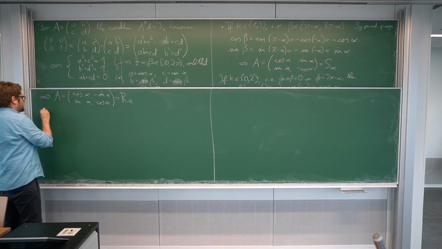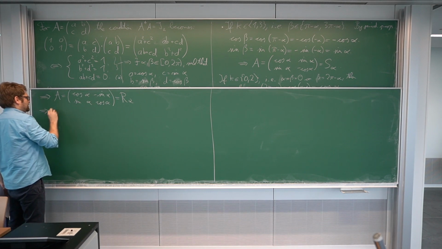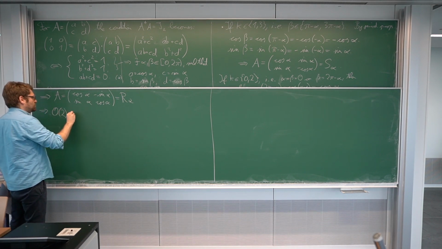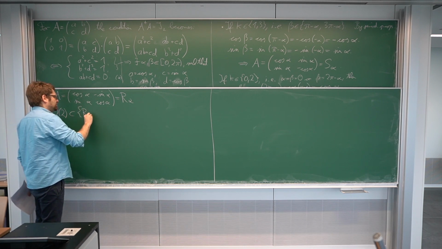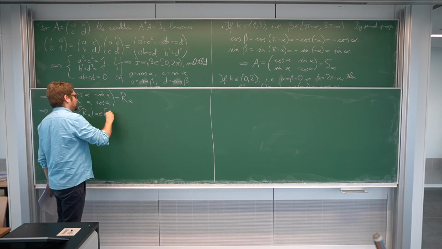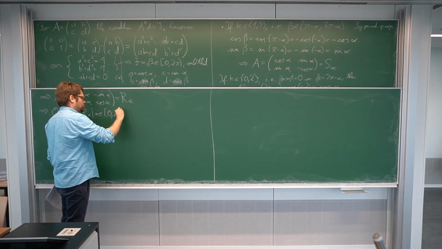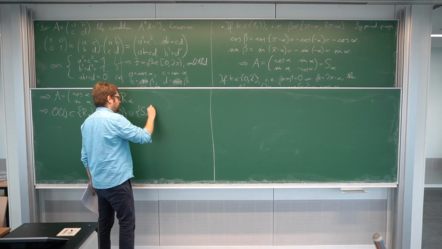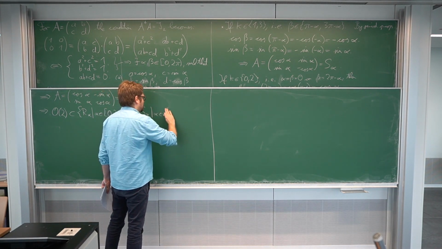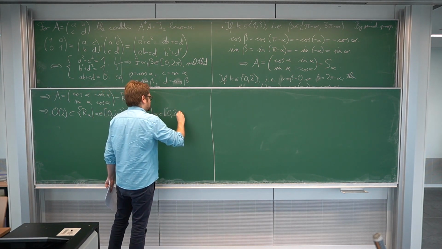So this shows that every orthogonal matrix is of this form, so O2 is contained in the set of all R alphas, where alpha is between 0 and 2 pi, united with all S alphas, where alpha is between 0 and 2 pi.